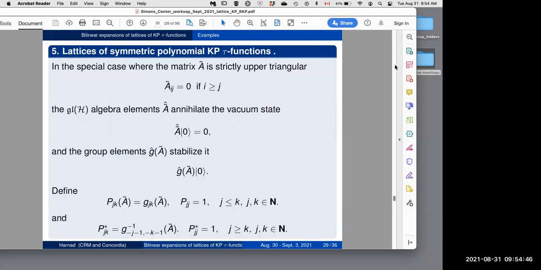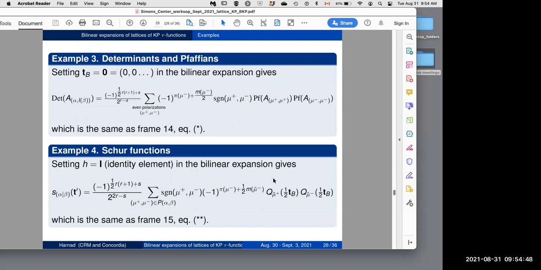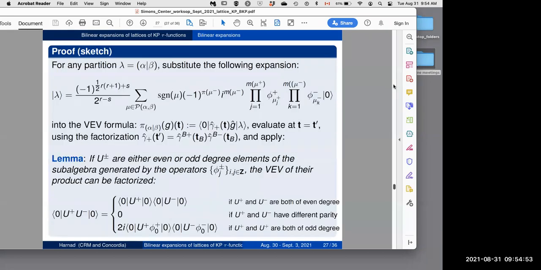So suppose that in this exponential, remember that G is the exponential.